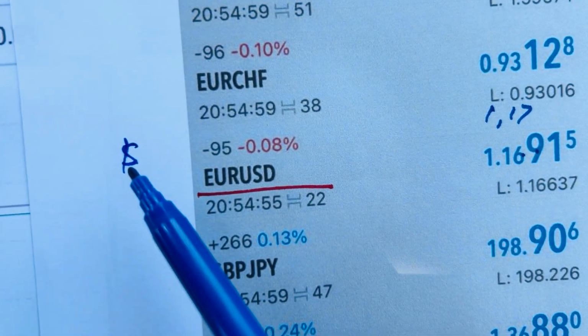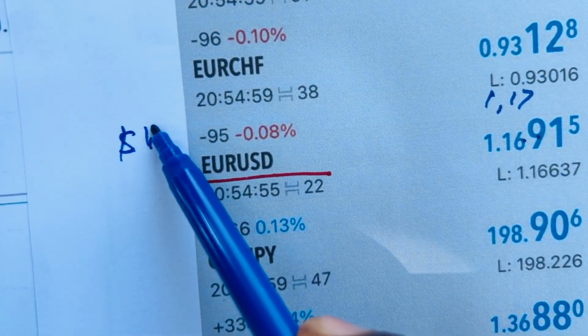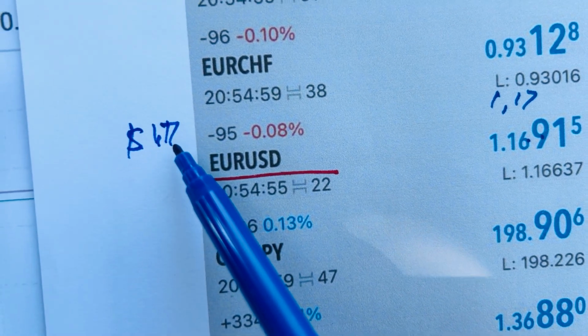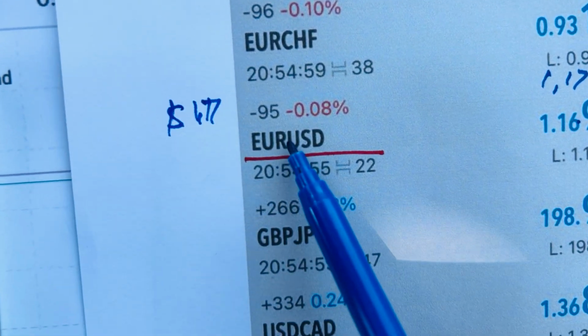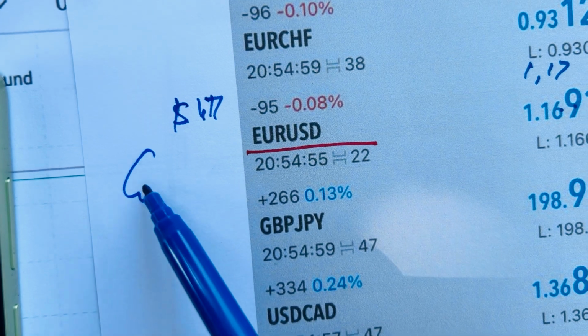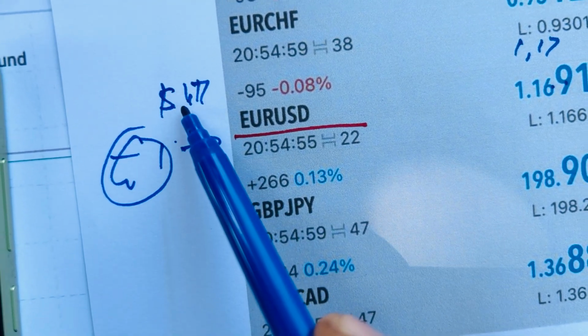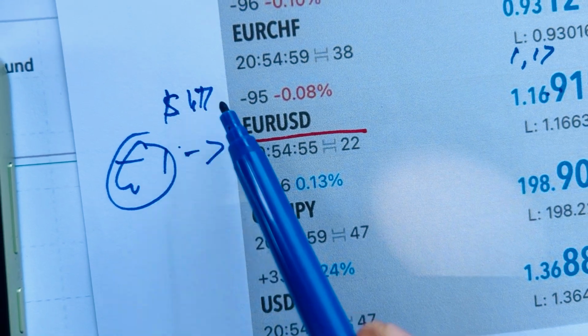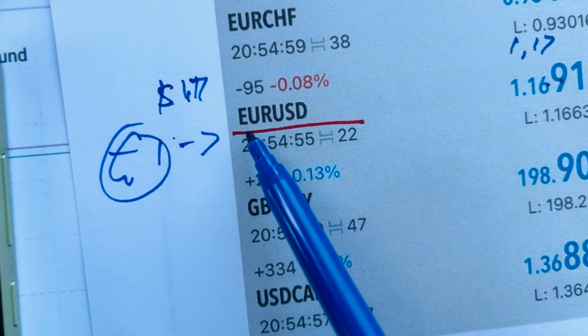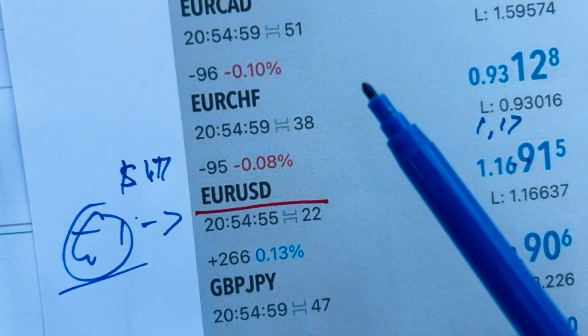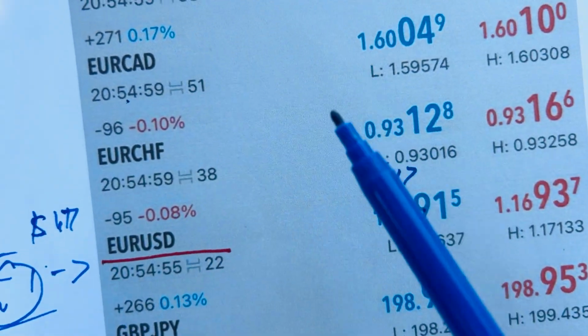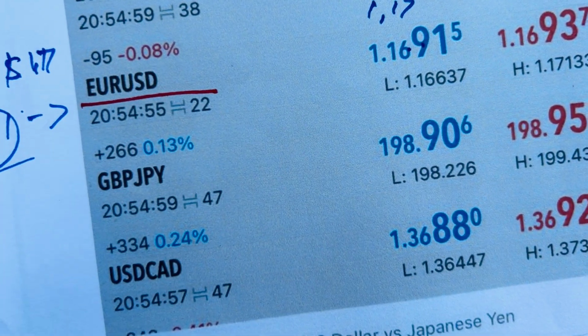Now, it takes the sign of a dollar. It takes 1.17 dollars to buy 1 euro. One euro. It takes what? It takes you $1.17 to buy 1 euro, your base currency here. Same applies here. Simple and straightforward.